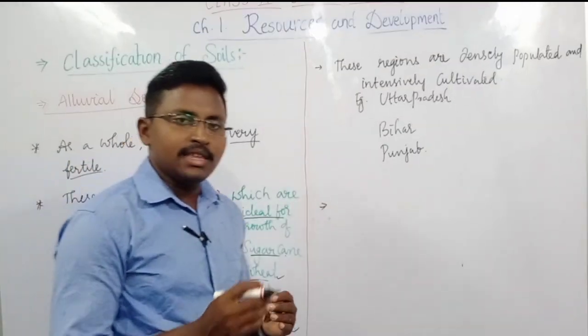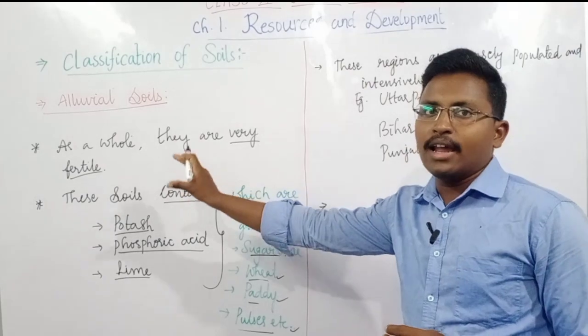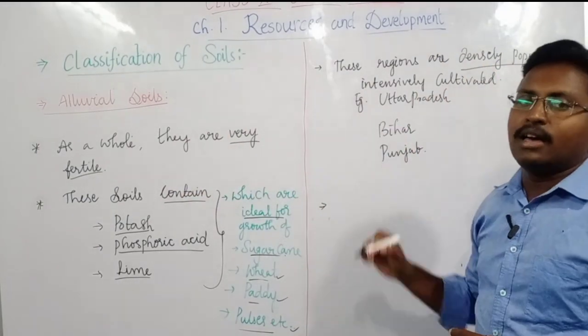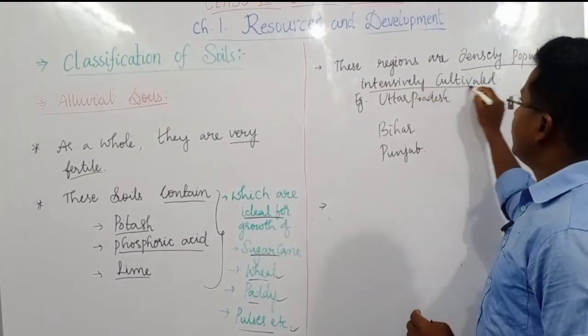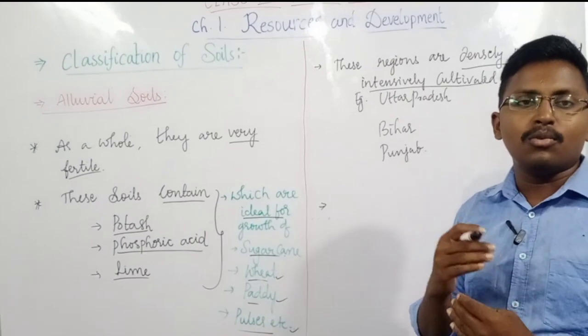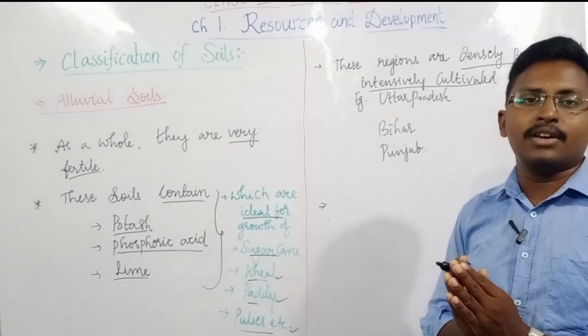And since these soils are highly fertile, these regions are densely populated, and you can also see they are intensely cultivated. That means wherever there is more fertile soil, the concentration of population is very high.